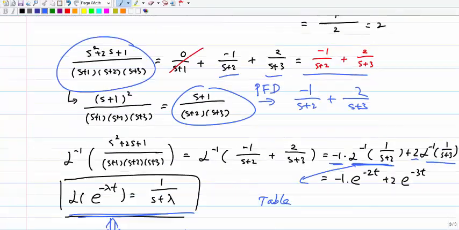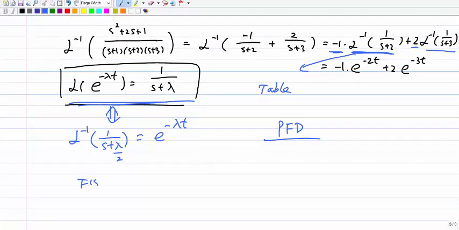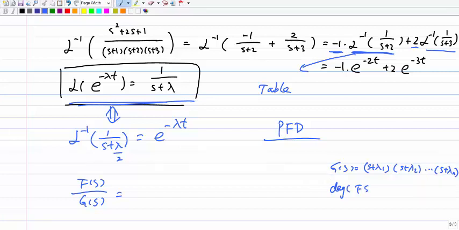In the general sense, if I have F(s) over G(s), assuming my G(s) is (s plus lambda 1)(s plus lambda 2) and so on to (s plus lambda n), and of course I also assume the degree of F(s) is less than the degree of G(s), then this is given by a1 over s plus lambda 1, plus a2 over s plus lambda 2, and so on and so forth, plus an over s plus lambda n.